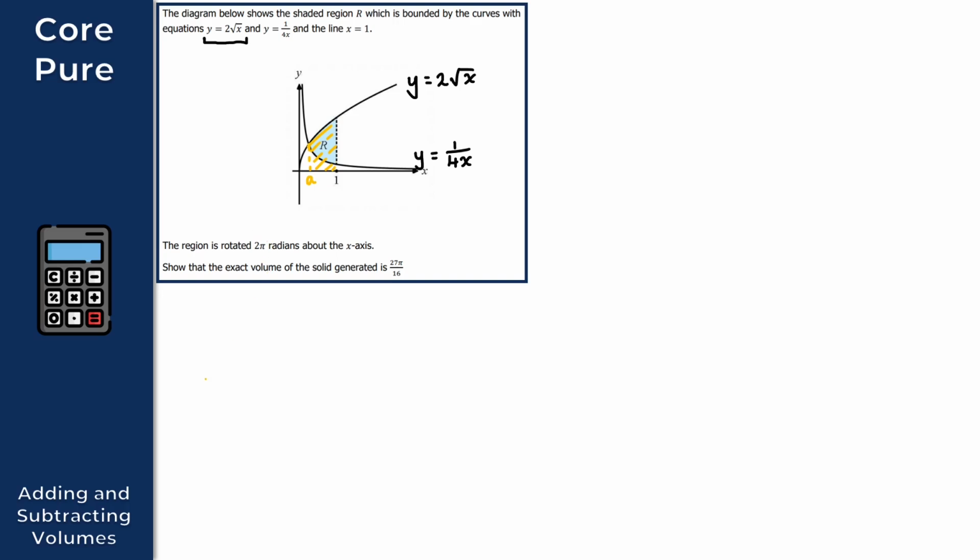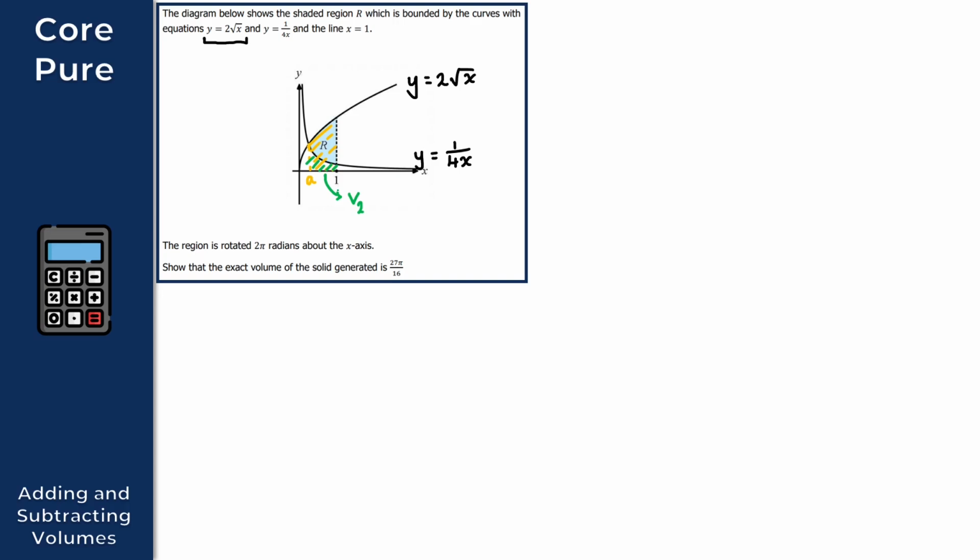Now for this question, what we're actually looking for is the volume of the shaded region R. So what I want is just this blue region here, but I've got this part underneath this curve, this volume that I don't actually want. So if I think about this as two separate volumes, the volume underneath the curve y equals 1 over 4x, we'll call that V2.